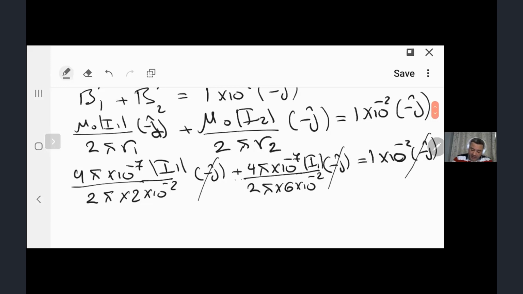I substituted I2 magnitude with I1 magnitude. Pi will cancel. 4 will cancel.